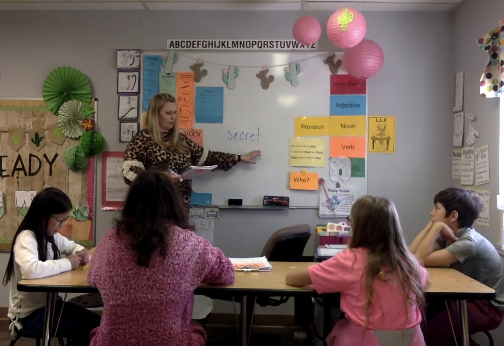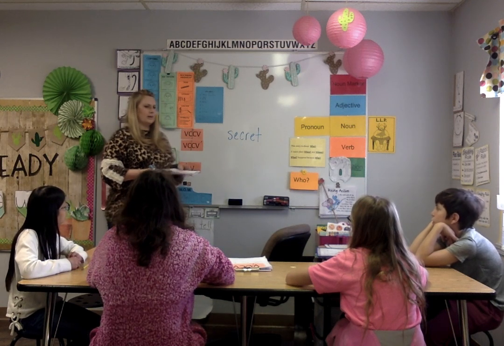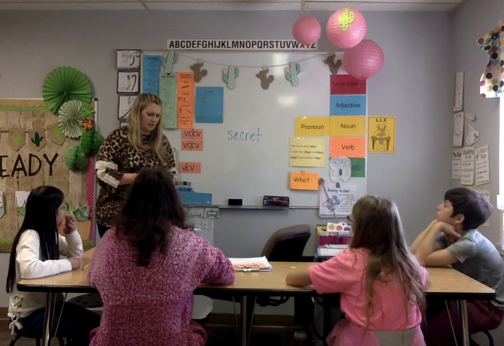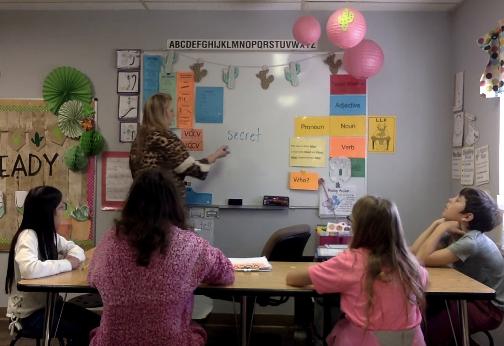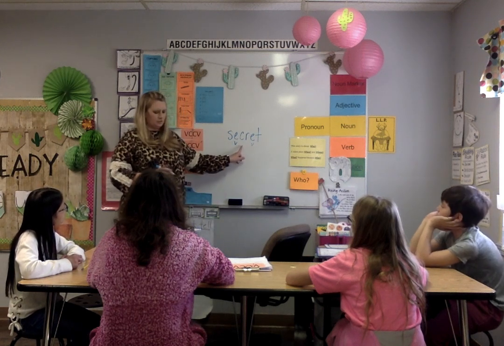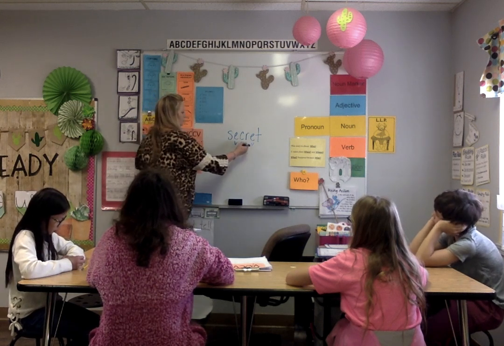When you pronounce this word, your mouth will open 2 times as you say each vowel. This word has 2 syllables. I will place my finger under each vowel. Here are my vowels. What do you see between the 2 vowels? 2 consonants.